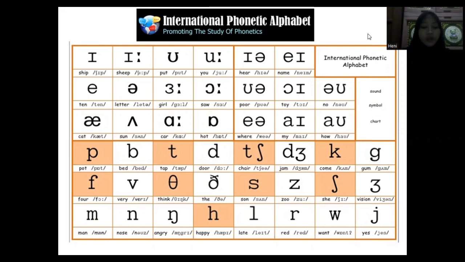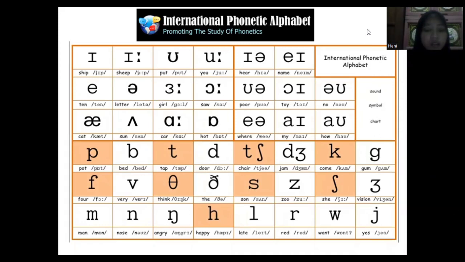Next, there are two affricate consonants, which are the ch sound and the j sound. First, the ch sound. The example is chair. Next, the j sound. The example is jam.